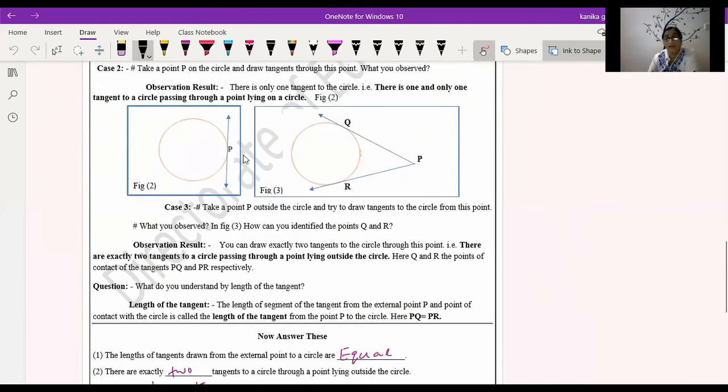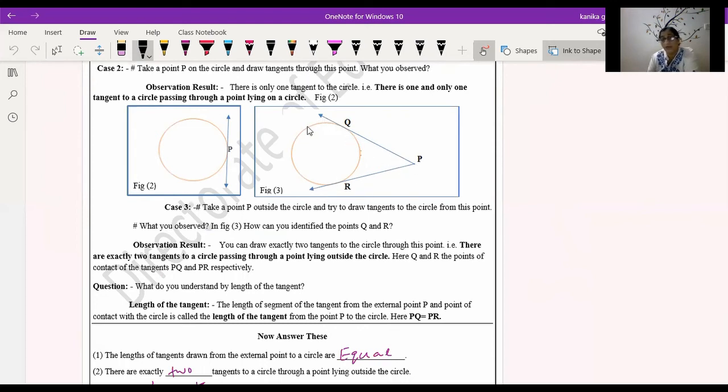Now we take the next figure, number 2. We take 1 point P on the circle. What do we observe? We observe there is only one tangent. And now we take a point P outside the circle and we draw the tangents.